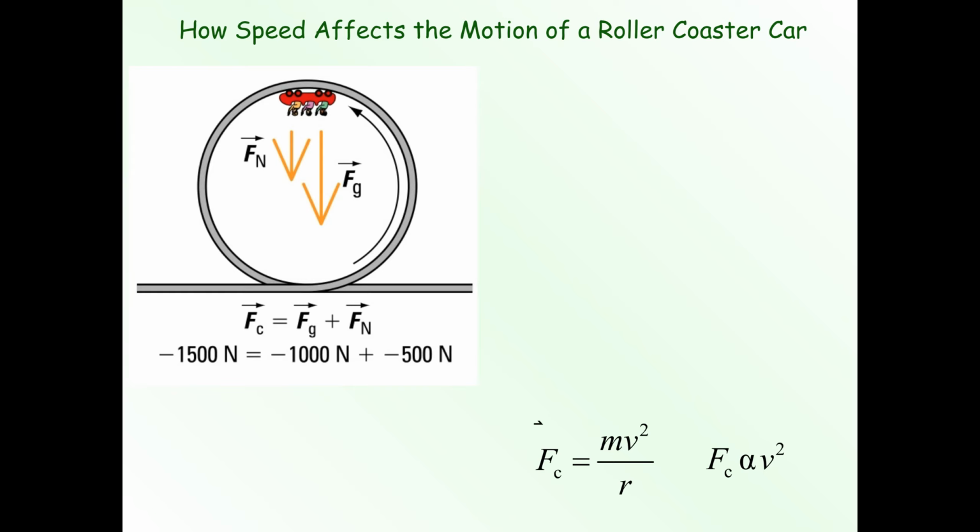Now we're going to look at how speed affects the motion of a roller coaster car, basically how centripetal force and gravity are affected by each other. When you go through a loop-de-loop in the roller coaster, your Fn and your Fg are both pointing down, because your Fn is always perpendicular to the surface and your Fg is pulling you down.